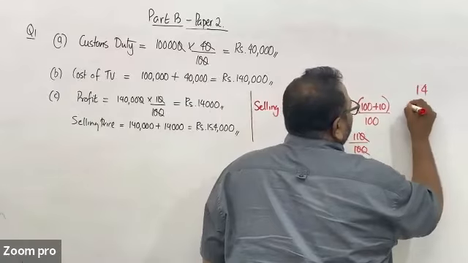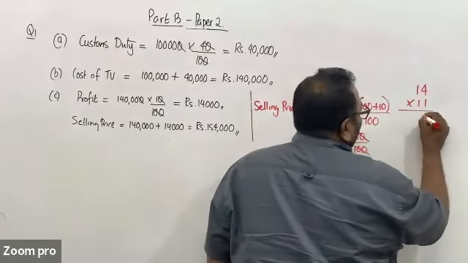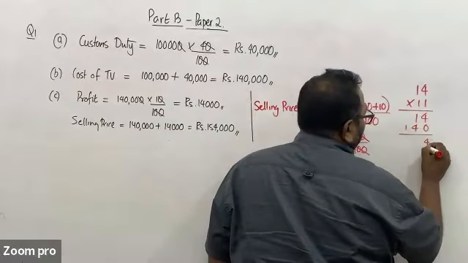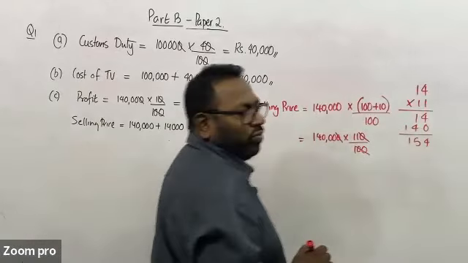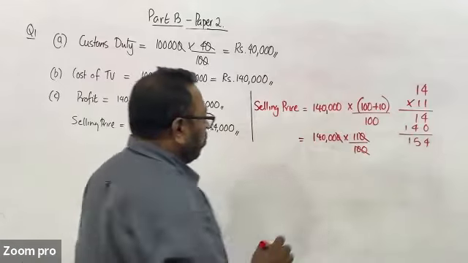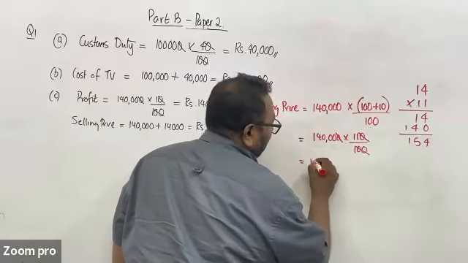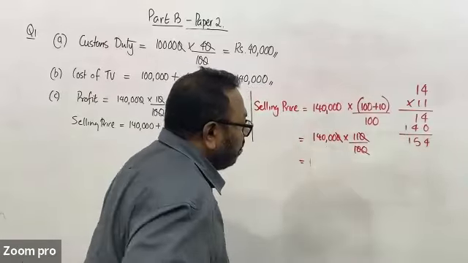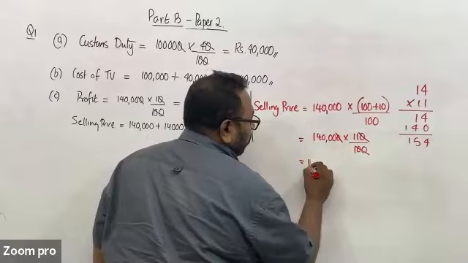I'll just calculate 14 into 11 first. 154. How many zeros do we have? 1, 2, 3 zeros.